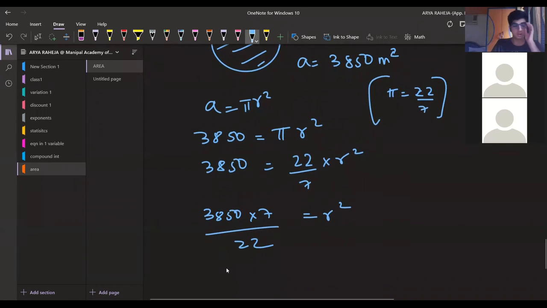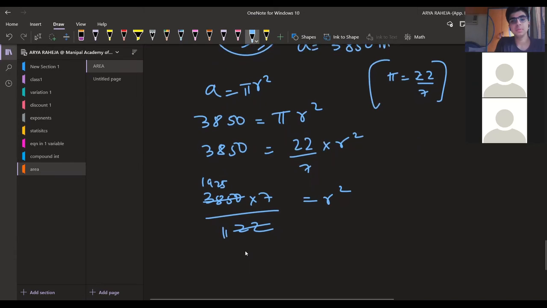Firstly, let's just divide by 2. 22 divided by 2 is 11. 3850 divided by 2. इसको जल्दी solve करो and tell me the answer. It should be 1925, right? Okay, just check fast. Yeah, so 1925.